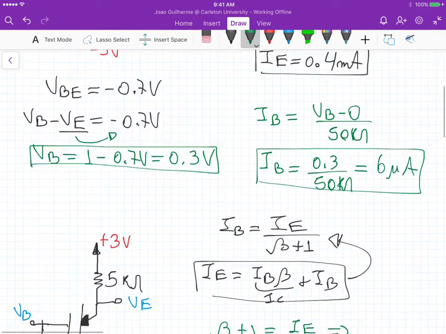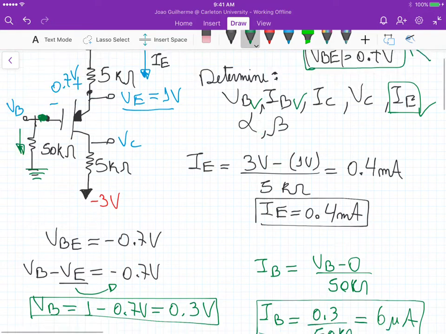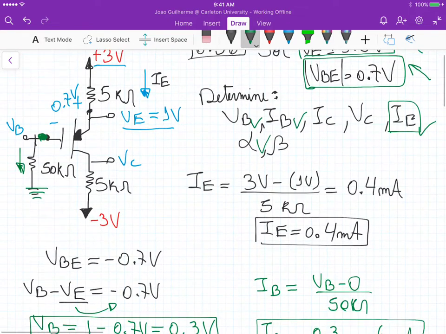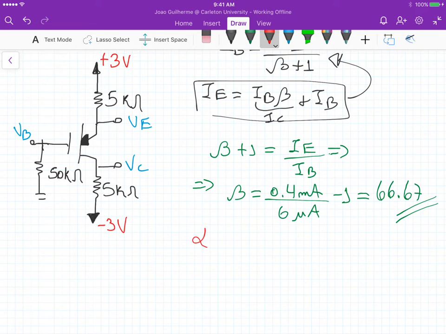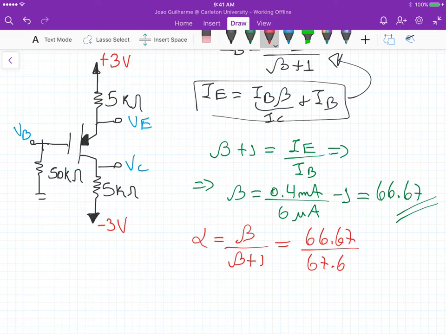So we got beta. With beta, we can calculate alpha. Remember that alpha is a value that's always less than 1, equal to beta divided by beta plus 1. That's 66.67 divided by 67.67, and this gives us 0.9852. So we got alpha.